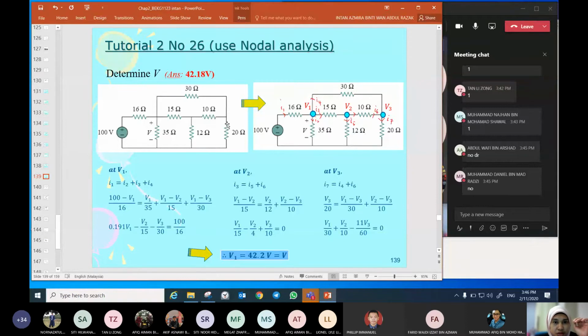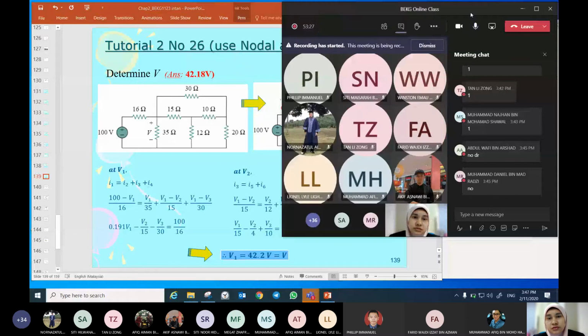We transform this delta to star, and then finally we solve V by using current divider or voltage divider. Now, since the question did not mention a certain method to solve for V, let's use nodal analysis. How many nodes?